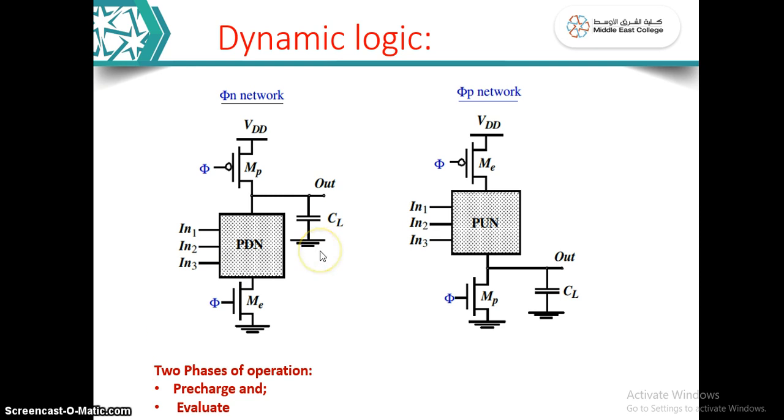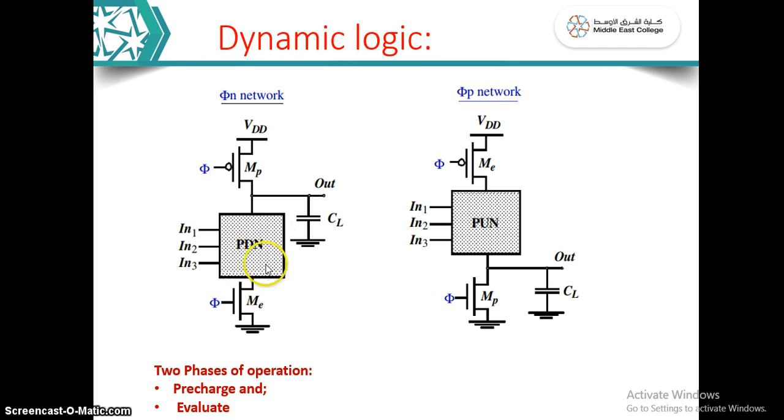We have already studied the static CMOS network in our previous classes, and you know that it can be realized by using both NMOS and PMOS networks connected as complementary. You know that the NMOS network will be connected as a pull down network and the PMOS network will be connected as a pull up network, and you will take your output from between the pull up and pull down network for static CMOS circuits.